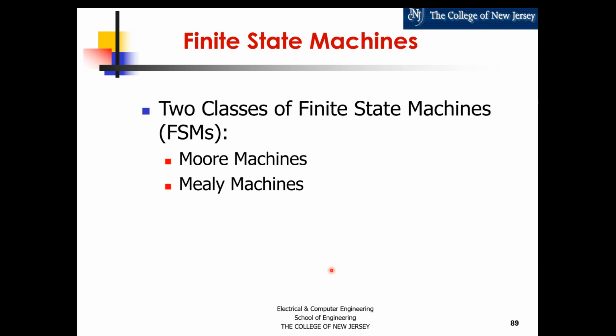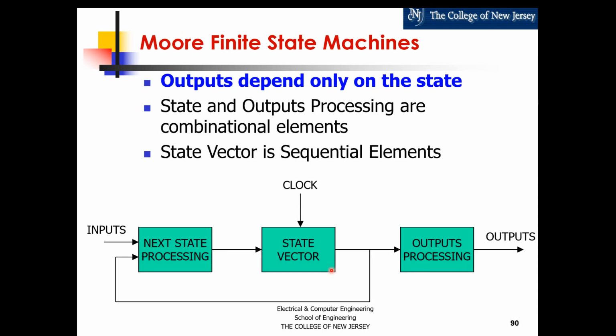And we wanted to remind you that there are two classes of finite state machines, Moore machines and Mealy machines. The main difference between the Moore finite state machine and the Mealy is that for the Moore finite state machine, the outputs depend only on the state. So we have the state vector here, which is really a register and the only clocked element.